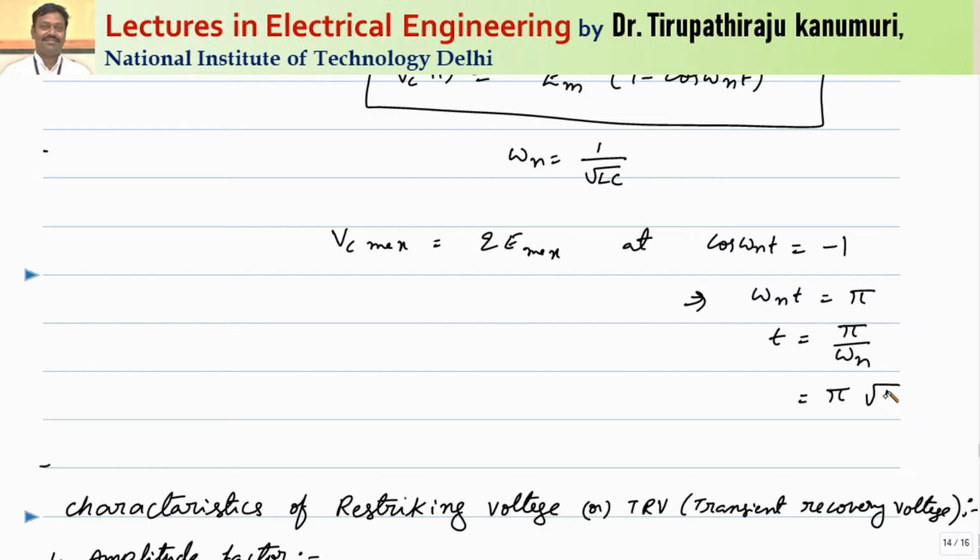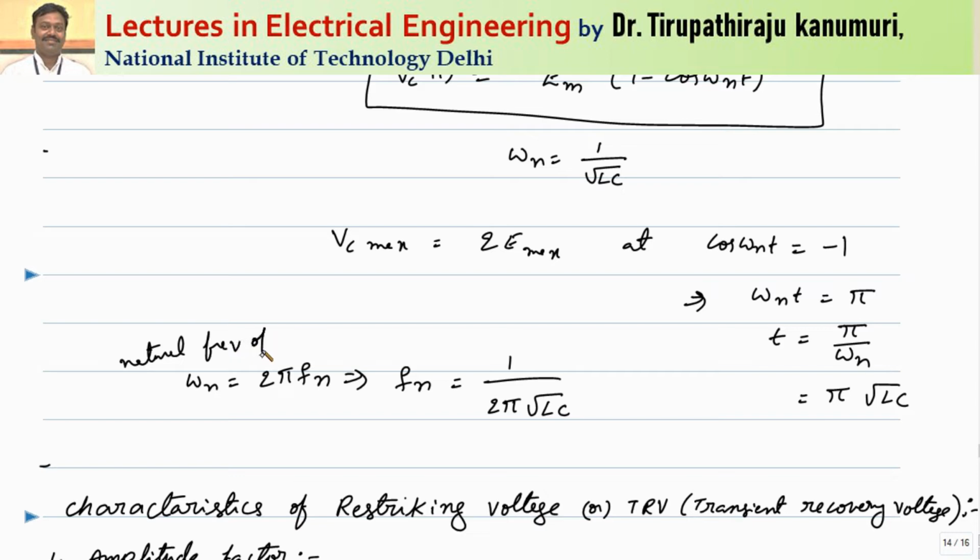And omega n is equal to 2 pi fn, so fn will be equal to omega n divided by 2 pi, which is equal to 1 by 2 pi root LC. This is the natural frequency of oscillations of your circuit.